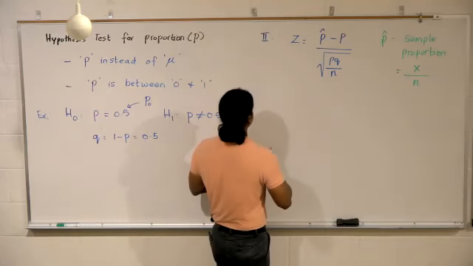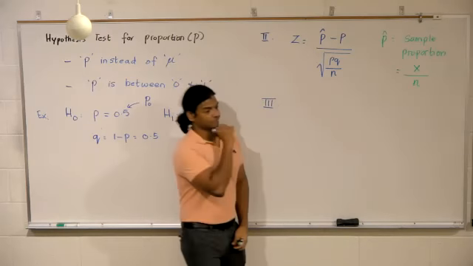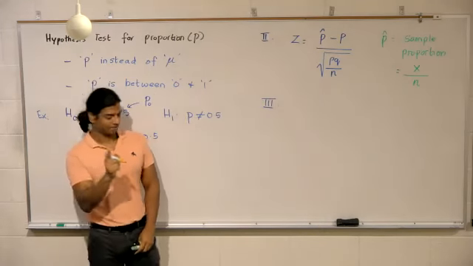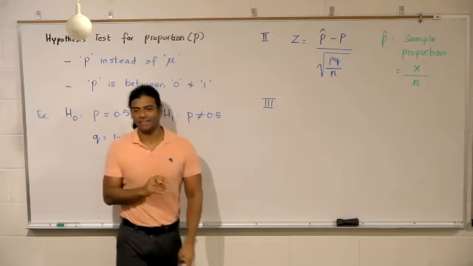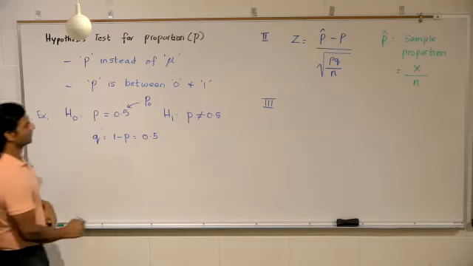Last time, what distribution did we use? T. Chi-squared, that's another distribution, but do you see a square somewhere? No. So you square root, but never mind. Normal.